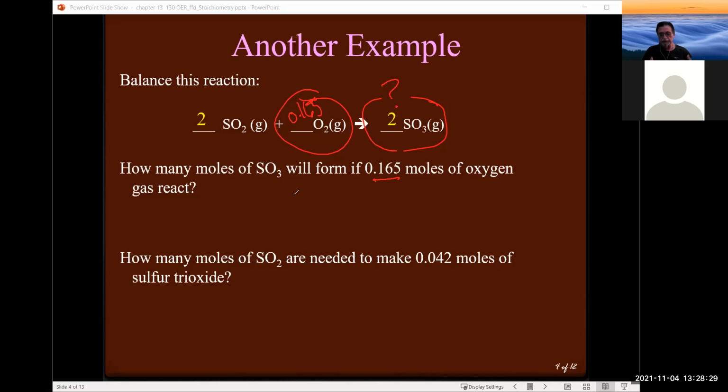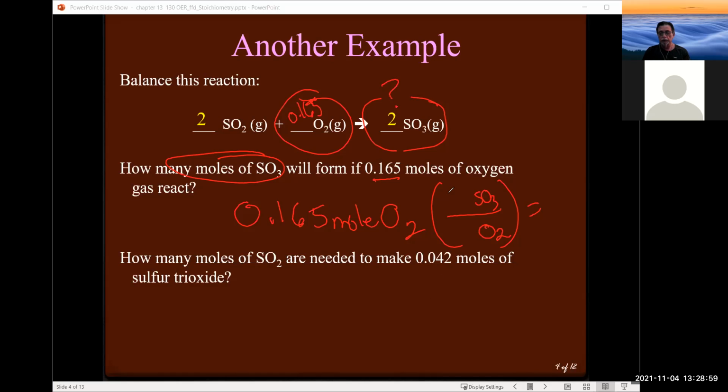We do this just like we've been doing these problems to date. We write down what we are given, that's moles of oxygen. We have a conversion factor, and we're being asked for moles of sulfur trioxide, so that has to go in the numerator, and oxygen must go in the denominator.